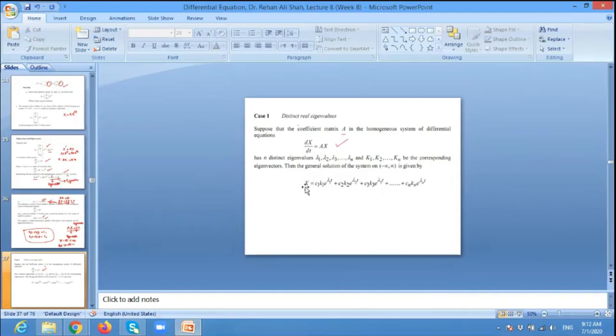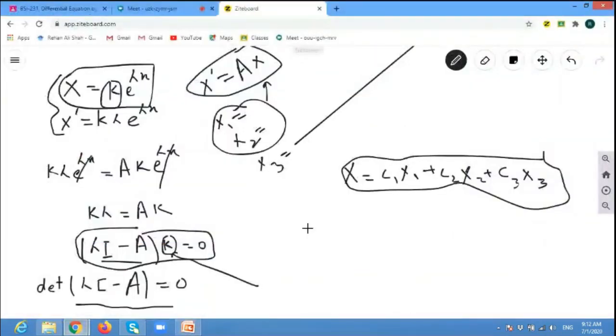So what will the general solution be? What was the general solution? This is c1 x1. What is x1, if you remember? k1 e power lambda 1 x.